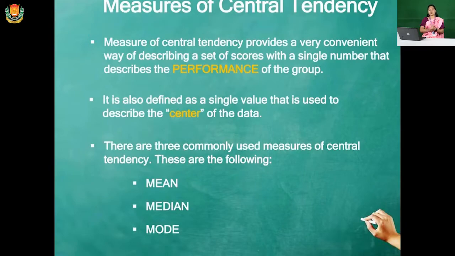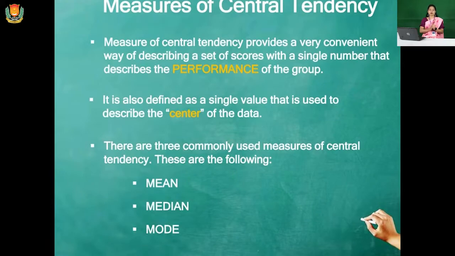Measures of central tendency provide you a convenient way to describe all the sets of data and the quantitative information you have, and describe the performance of that particular quantitative data to you.